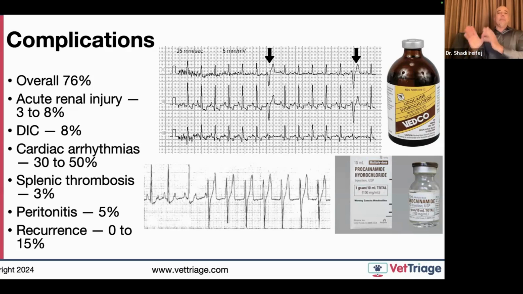Obviously the benefits of normalizing the cardiac rhythm outweigh the side effects of lidocaine for these dogs, but you want to start at a low dose because they are going to be affected by it in good and bad ways. And then I move up that CRI, tending towards the maximum dose, depending on how they're responding to the lidocaine.